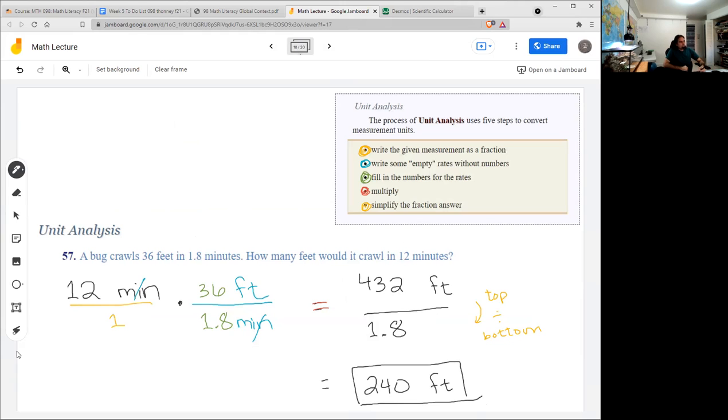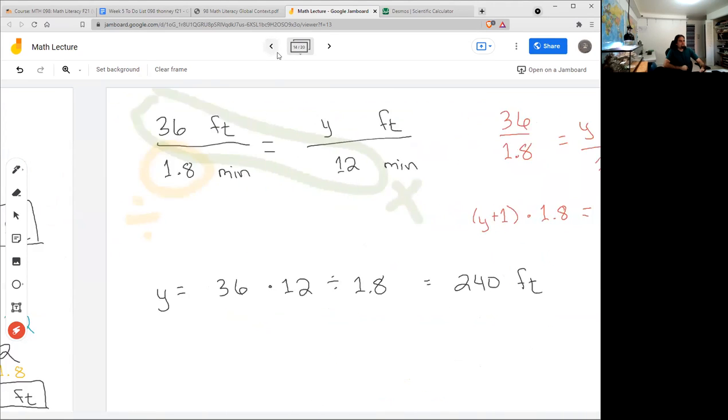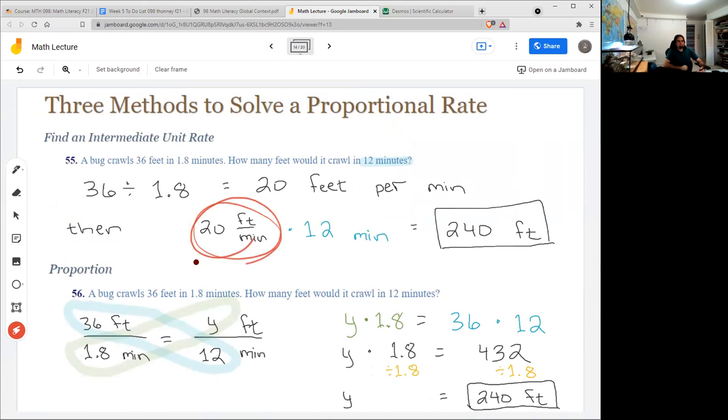Most students, when they first learn unit analysis, think this is the worst of the 3 choices. They would rather do it with a unit rate or with a proportion. And that makes sense because in your personal math history, you've probably done a lot more of proportions and unit rates.